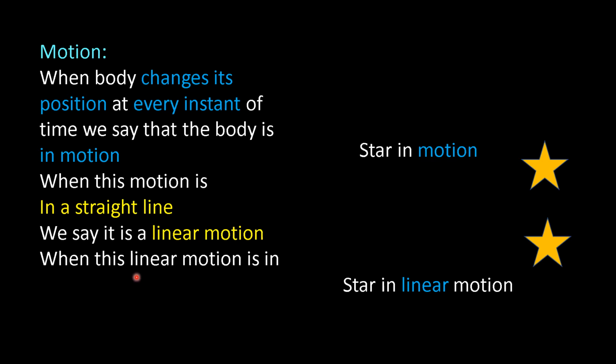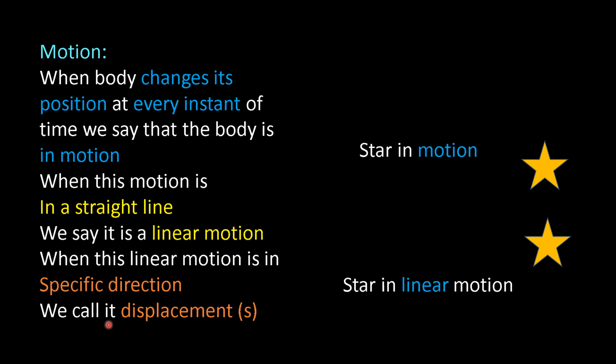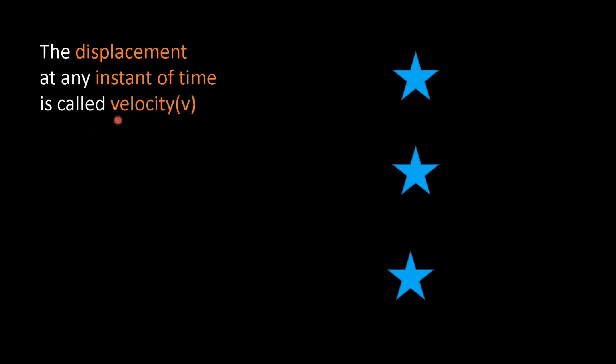When this linear motion is in a specific direction, then we call it displacement and we denote it by S. The rate of change of displacement at any instant of time is called velocity and it is denoted by V. Here, the star is being displaced and its displacement at any instant of time is called velocity.